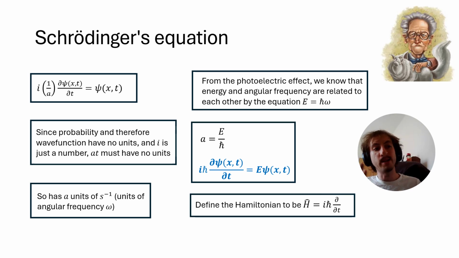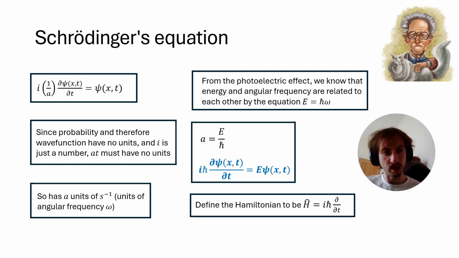So we invent something called the Hamiltonian, which is just i times h bar times the partial derivative with respect to time. It's essentially a differential operator, a very special one. It relates to the energy of our particle through the eigenvalue equation, although as h bar relates to the energy of our particle, that's not too much of a surprise perhaps.